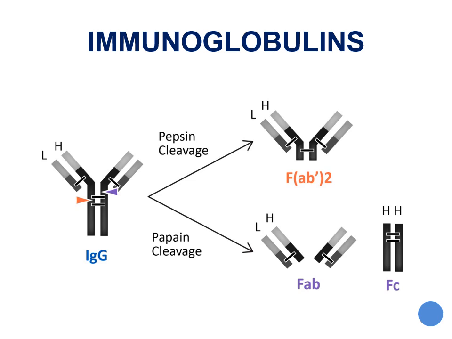Immunoglobulins can be cleaved by pepsin cleavage, which leaves the light and heavy chains attached together, and papain cleavage leaves only the Fab parts, which are only parts of heavy and light chains, and then there is the Fc part, which are the remnants of the heavy chains bound together.